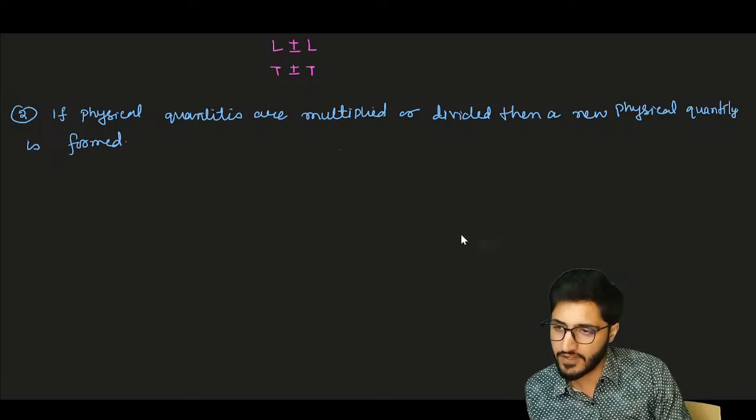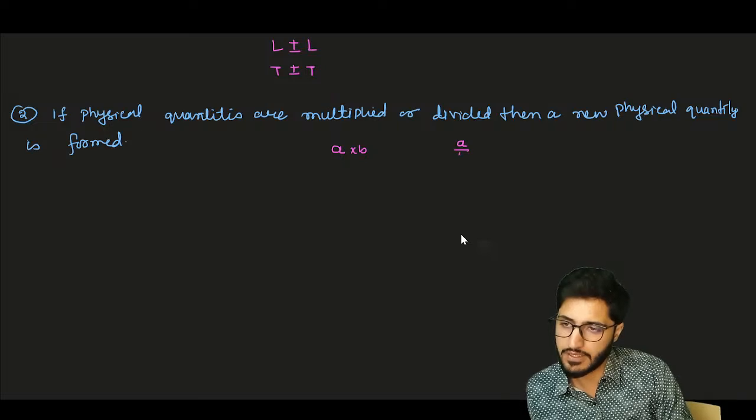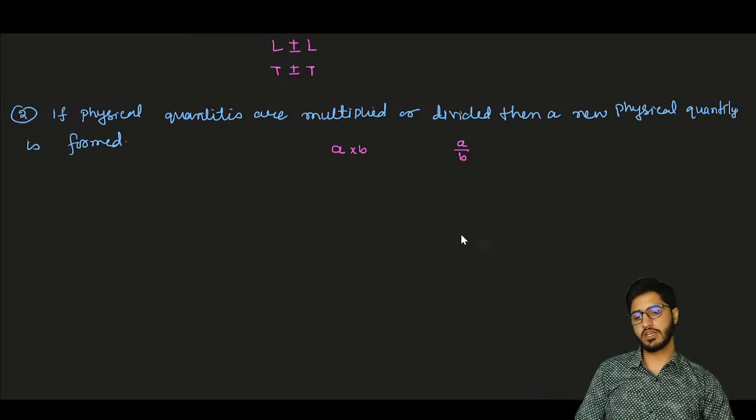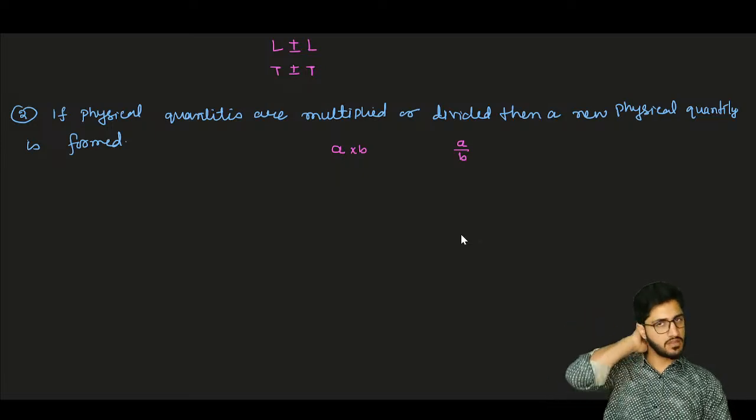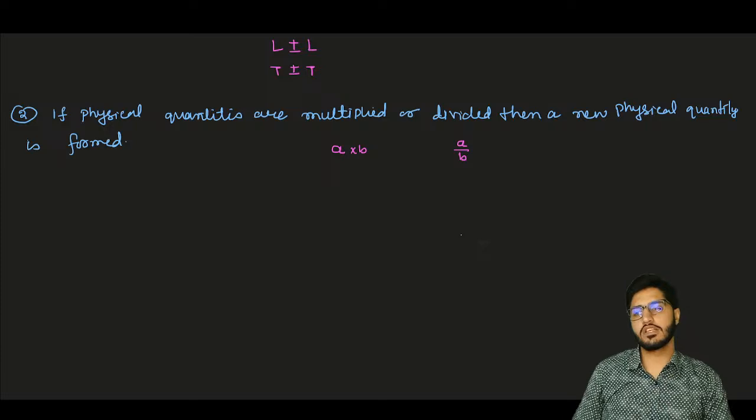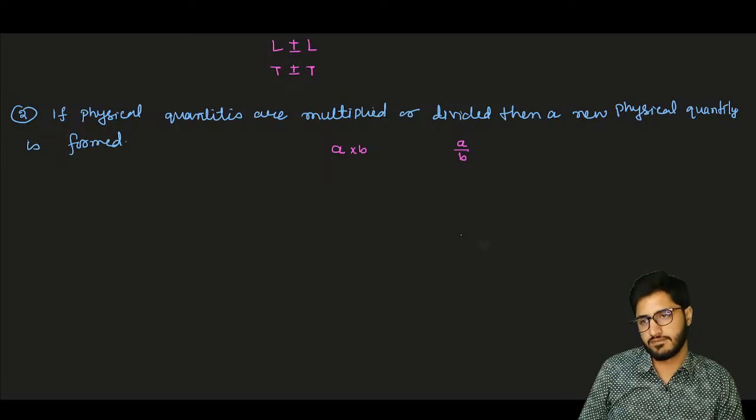That means if we are doing A multiplied by B or A divided by B, A into B or A by B, A and B may be different.